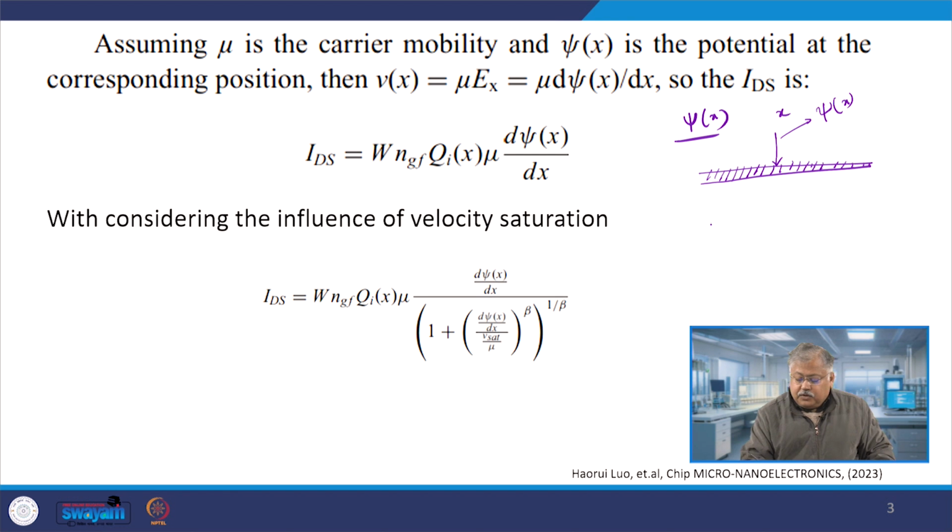Then we all know that the electric field is the first derivative of the potential. So what we do is that we do d psi of x dx. That is the electric field in the horizontal direction, right? d psi x dx is the electric field along the x direction, right?